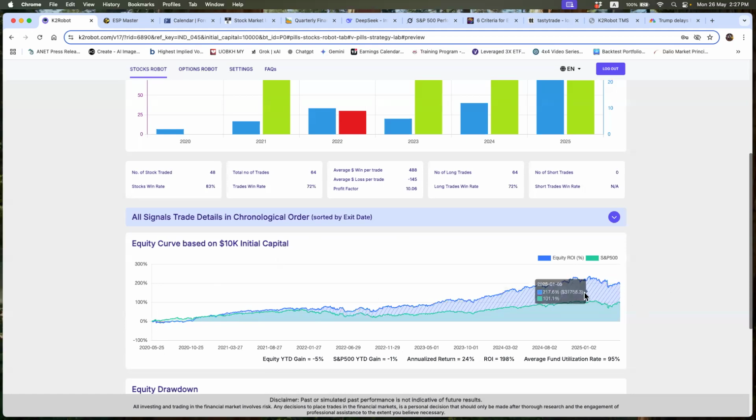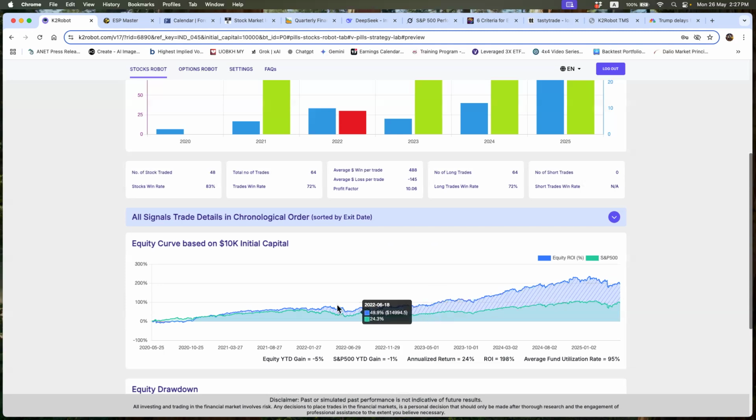Now, of course, if you were to start in 2025 January, you will not make money. You will experience what we call the drawdown period. That means the robot is not making money, struggling to perform. But this is normal. In any trading strategy, there will always be a drawdown period where the robot or the strategy will not be able to perform.